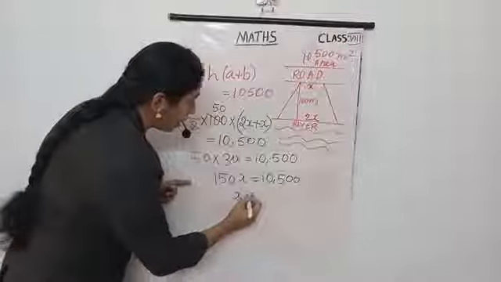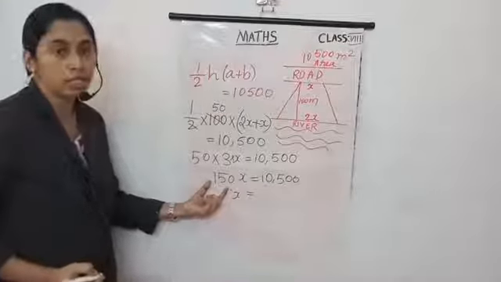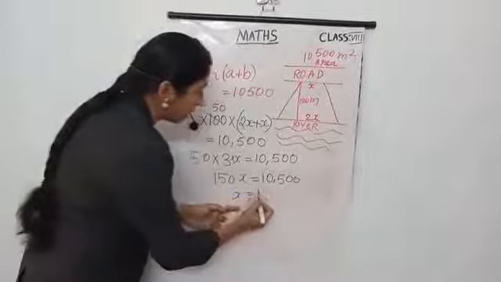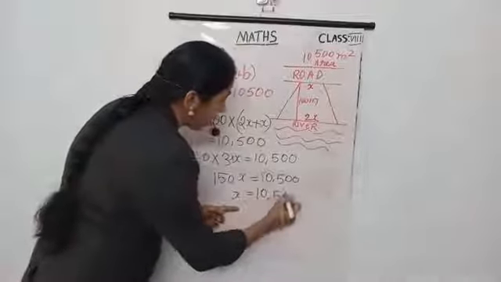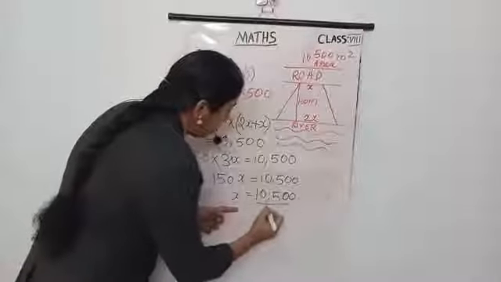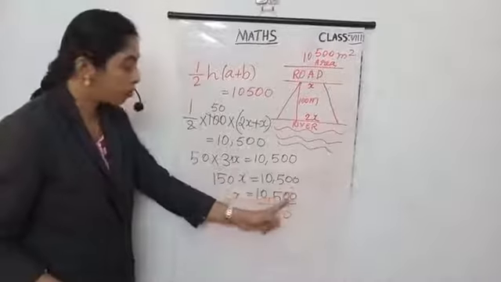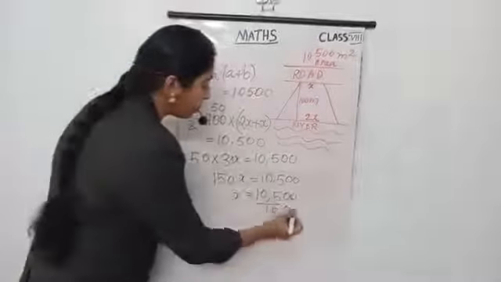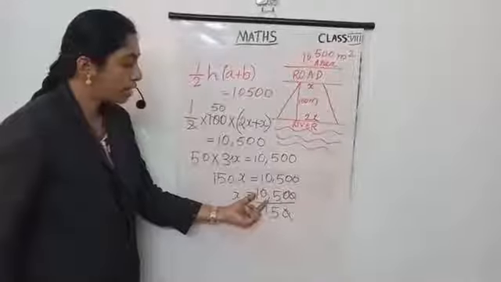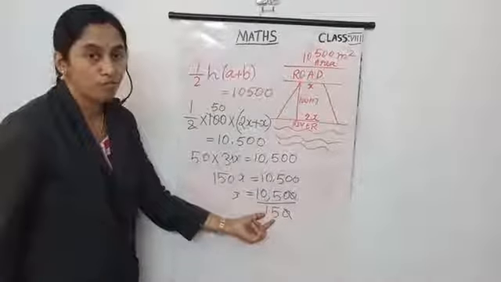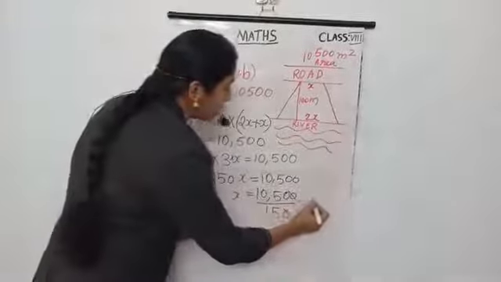Now x is equal to, transposing this 150 to the right hand side, 10,500 by 150. Now cut this 0 and this 0 of numerator and denominator both. Now divide 1050 by 15, we get 70.